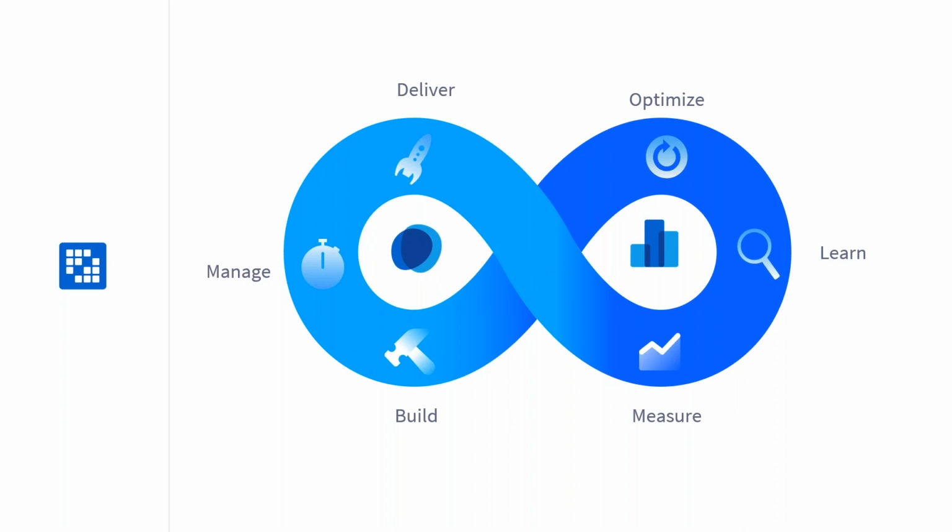And then what you want to do is you want to go around the loop. So you need to come down here into measuring, okay? And then you need to measure what you've done through the delivery phase. And you need to then learn and make hypotheses from that data. And you need to optimize, and then you come back around again to build.